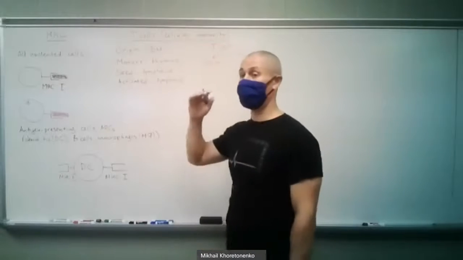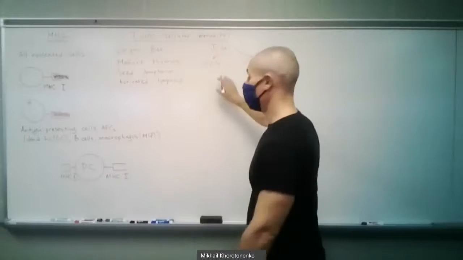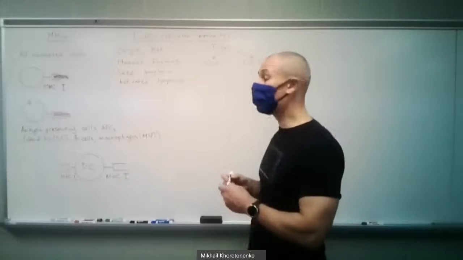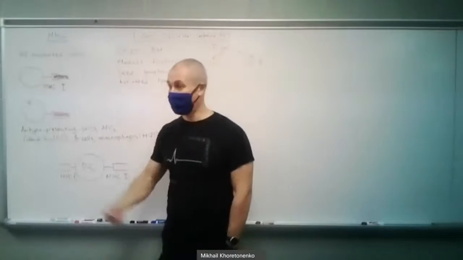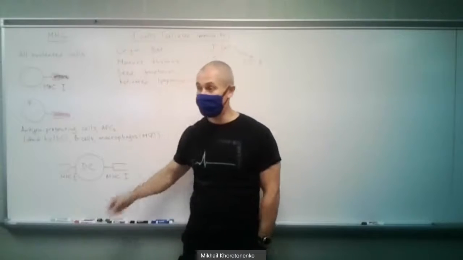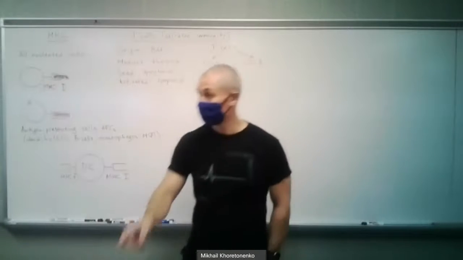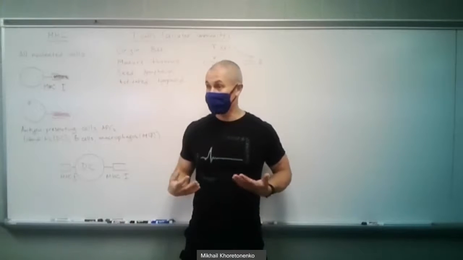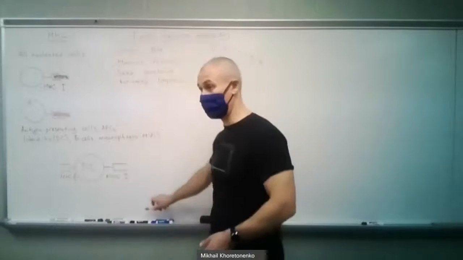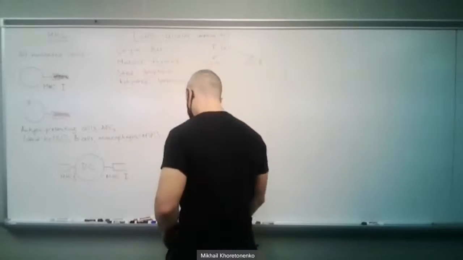Now, we're going to go over probably one of the most important steps in the T cell activation. Look, why do we care that there are two populations of T cells? Because a T cell cannot be directly activated by an antigen. Does that make sense? So if I am a T cell, and I see an antigen, nothing's going to happen to me. I'm not going to get activated. Antigen has to be presented to me. Am I clear? How does that happen?